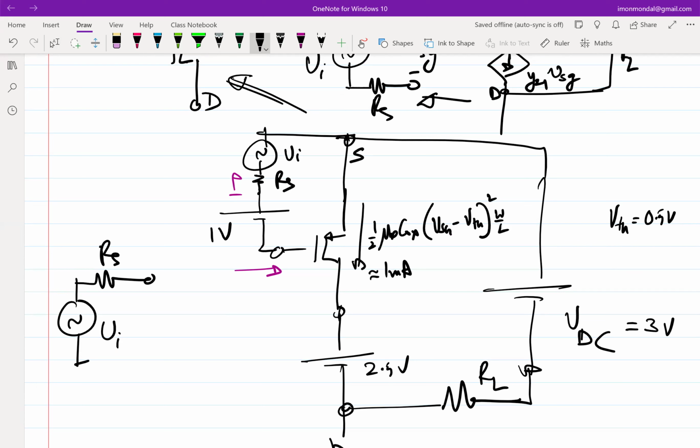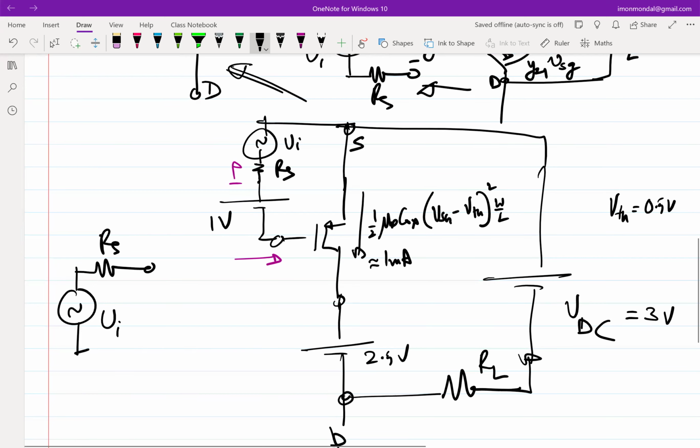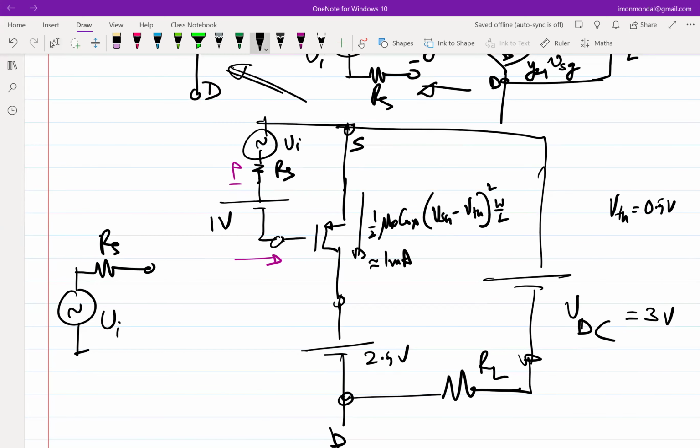So now let's see what application of this RL will do. So let's say this is 1 milliamp, all good. So this 1 milliamp goes here. So this 1 milliamp is traveling through the load, right? It's closing the loop, so it has to go this way only.